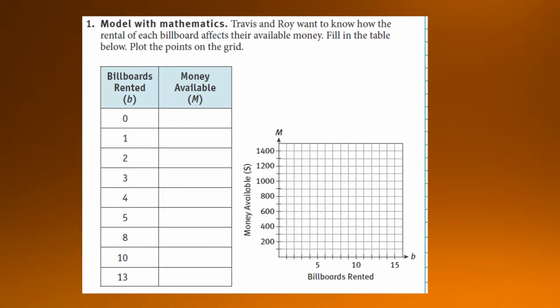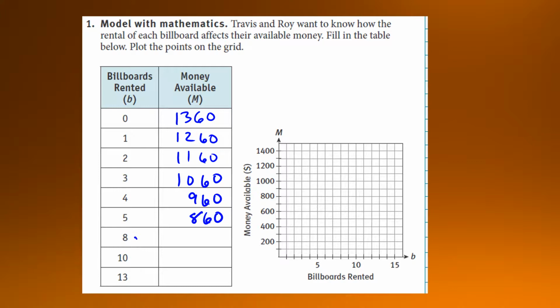So hopefully you figured out they started with $1,360 for their advertising budget. And for each billboard rented, those were $100. So that would be $1,260 for one. That's how much they'd have left. And then if they bought two, they'd have $1,160 left. If they had three, $1,060, four, $960, five, $860, and this does not say six, so hopefully you were paying attention.